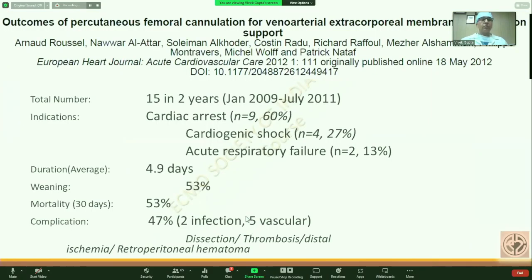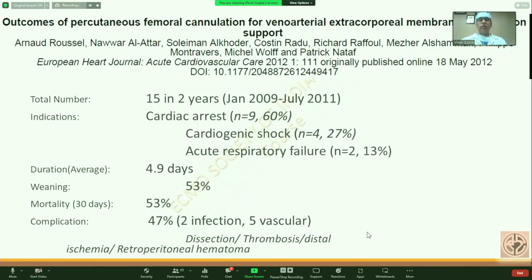This is one of the studies that was published in 2012, in which they did 15 cases of VA ECMO percutaneously in 2 years, and what they could see was 47% complications, out of which almost 38% were vascular complications in the form of ischemia, retroperitoneal hemorrhage, distal limb ischemia, thrombosis, or dissection of the vessel.